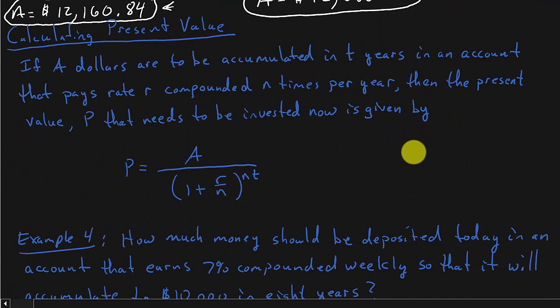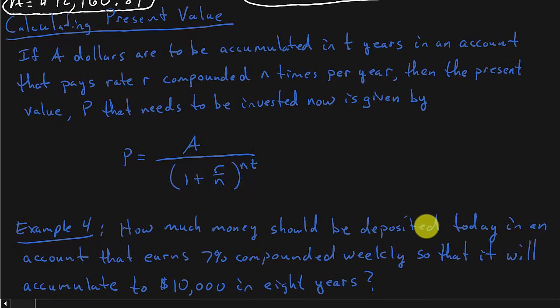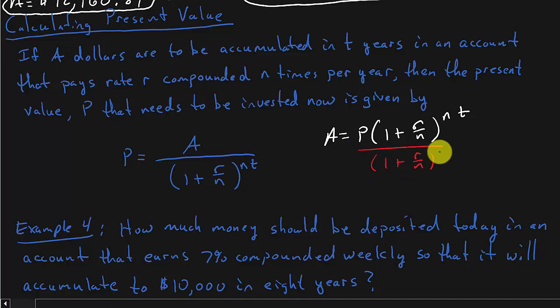But this one, yeah, it's a different formula, but guess what? You don't need to remember it. So if you remember that future value, that compound interest formula, it said A is equal to P times 1 plus R over N raised to the NT, right? Well, look at this. What if I divide both sides by this?